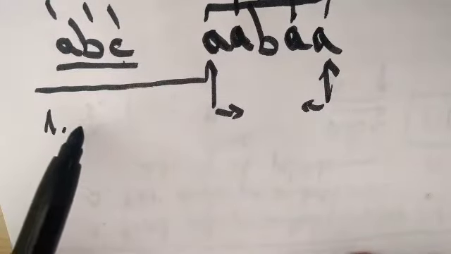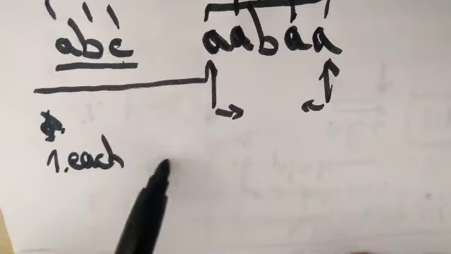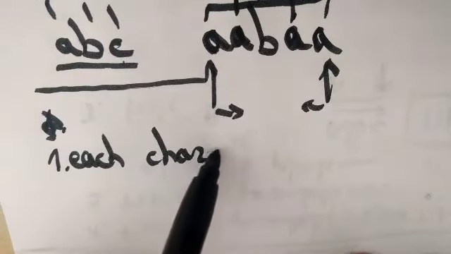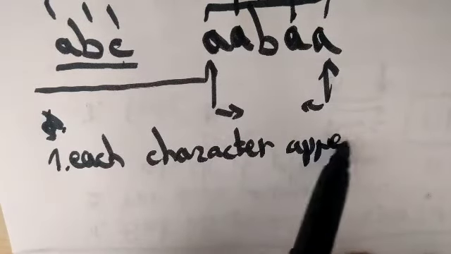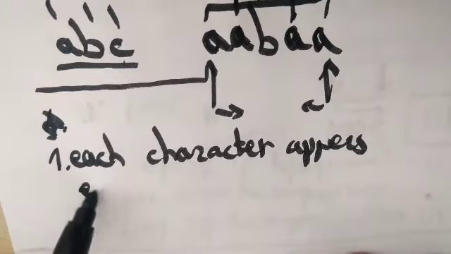So the characteristic that we are finding for a palindrome is that each character appears evenly.